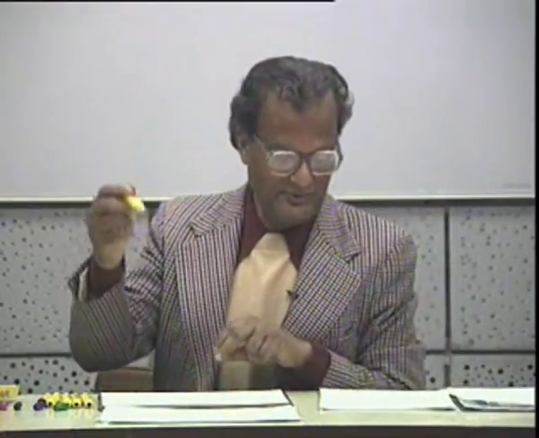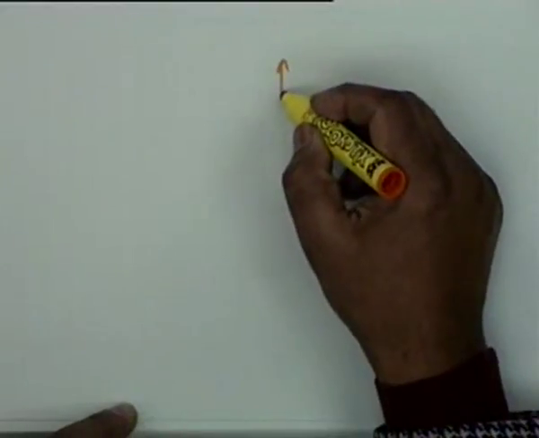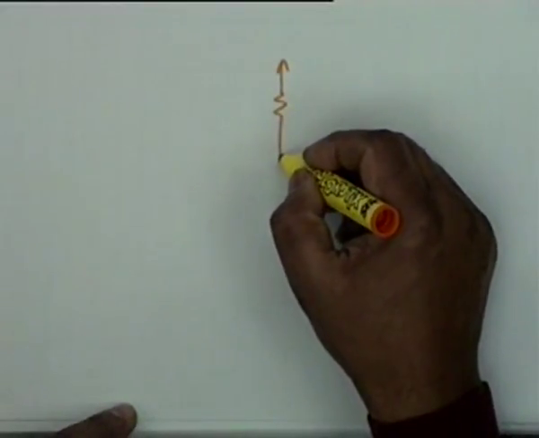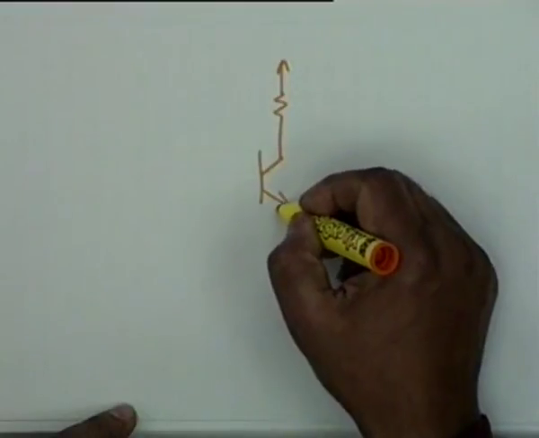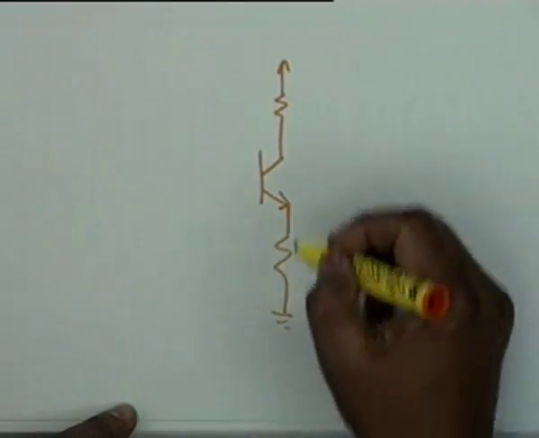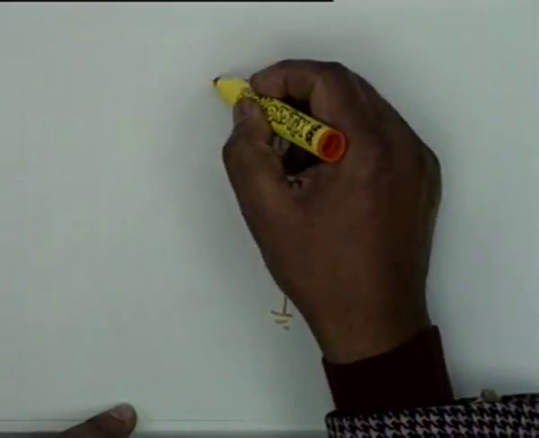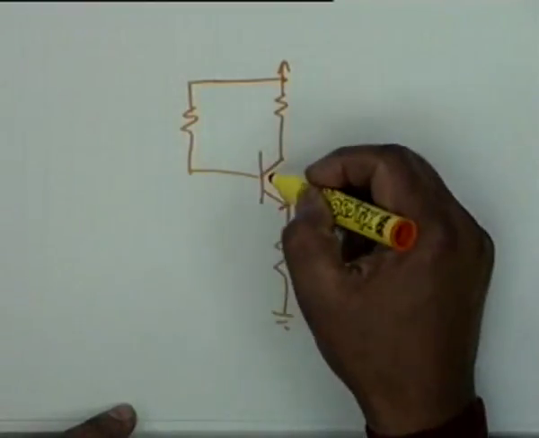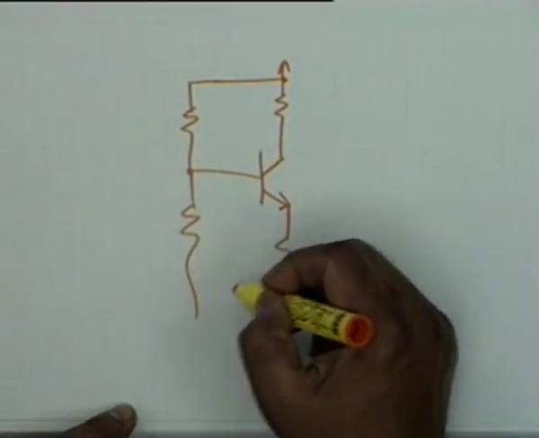And this example we shall continue to take again and again to illustrate the points. It's a typical common emitter PNP transistor amplifier.